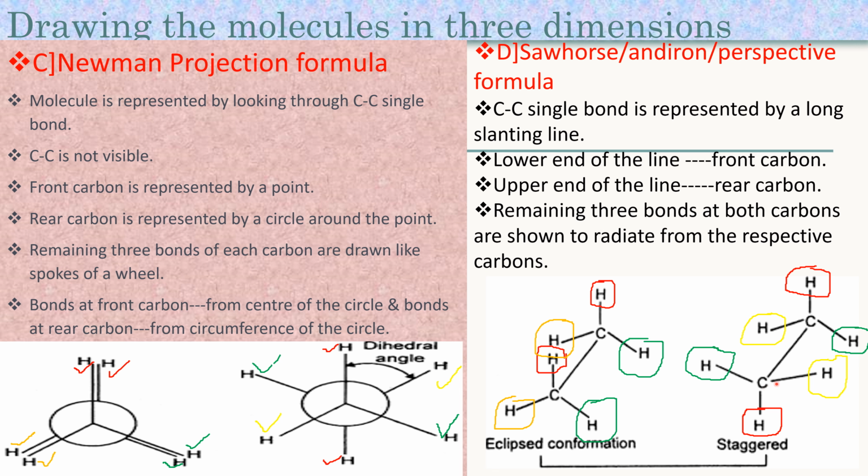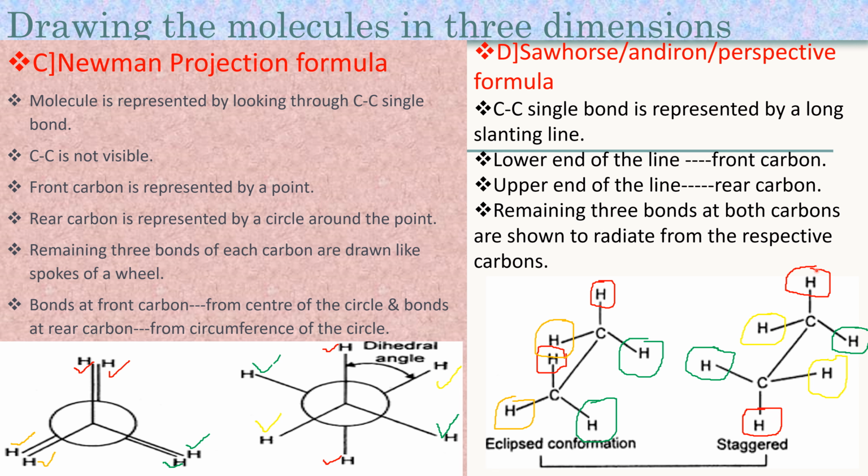But in the second diagram, you can see the front carbon atom is rotated here by 180 degrees. So this upper hydrogen atom is now looking in the lower plane, that is below the plane. So the lower hydrogen atom is here. So the respective hydrogen atoms are now in the opposite direction and as far away as possible from each other.